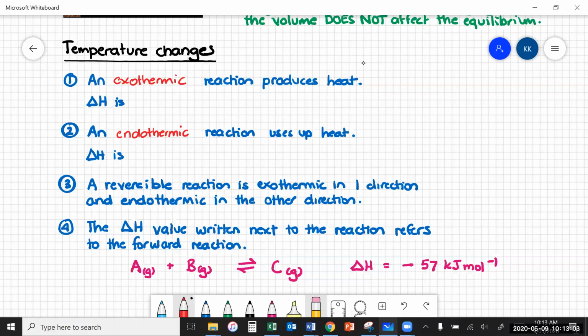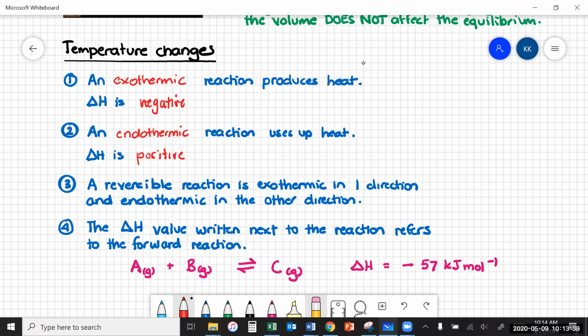Can you remember delta H, the enthalpy change values? The exothermic reaction had a negative, and the endothermic reaction had a positive delta H. When we're looking at equilibrium systems involving temperature changes, we're always going to be given a delta H value. But one thing you need to remember is that if it's a reversible reaction, if one way gives off heat, then the other way is going to have to take in heat.